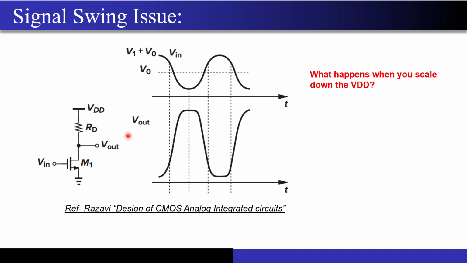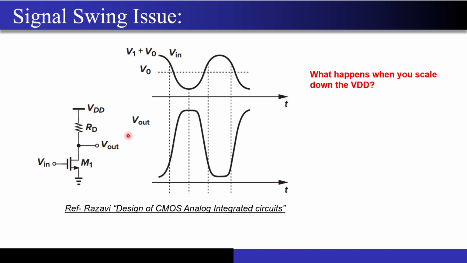Now you know that when you scale your device, there is something called constant field scaling, right? So you try to shrink all the horizontal as well as the vertical dimensions. And you need to make sure that when you are reducing the MOSFET size, the electric field inside the device will not cause a breakdown.